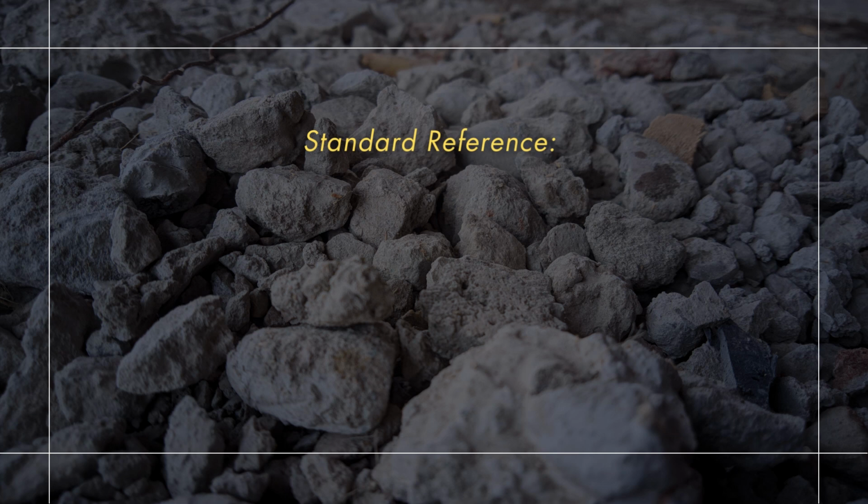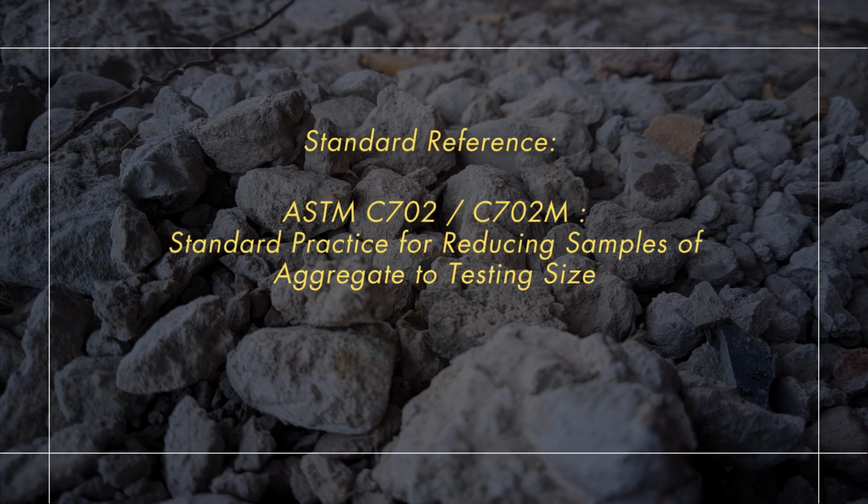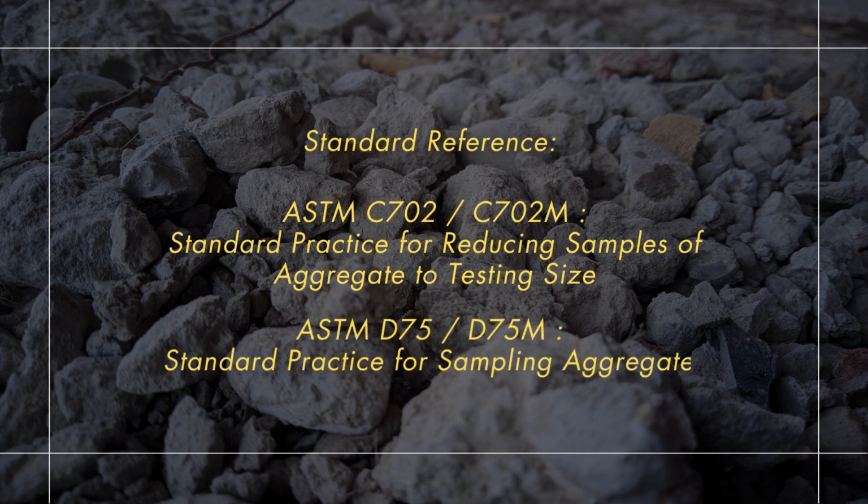The standard references for this test are ASTM C702 or C702M, Standard Practice for Reducing Sample of Aggregate to Testing Size, and the ASTM D75 or D75M, Standard Practice for Sampling Aggregates.